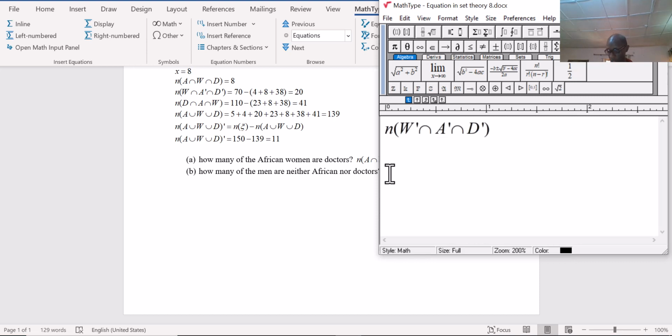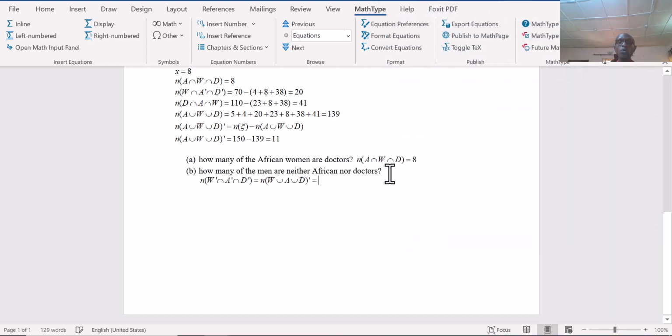You can write it like this: W complement intersection A complement intersection D complement. That is what they are telling us. So we've gotten that to be 11.